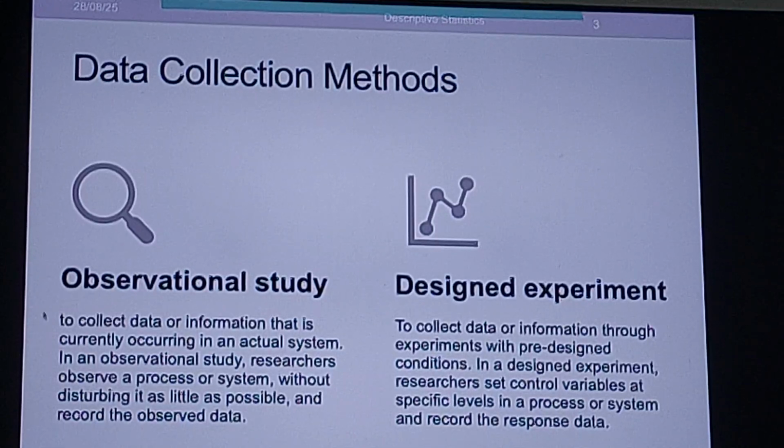But different from the observational, we can manage how many variables will be included in our study.